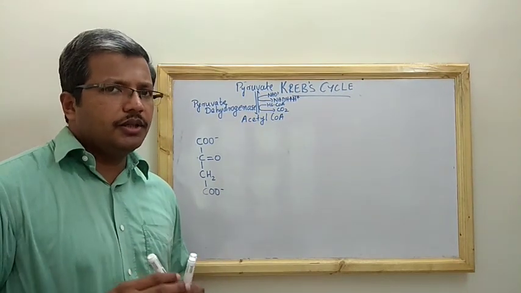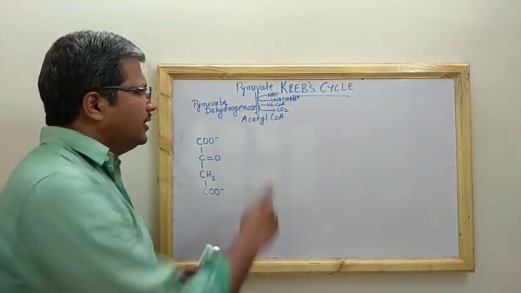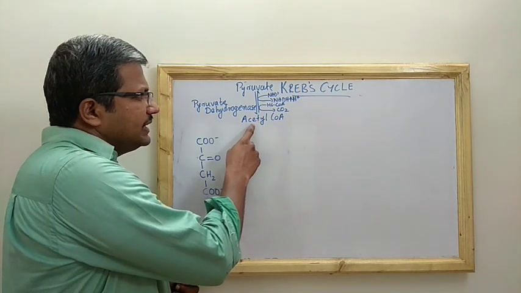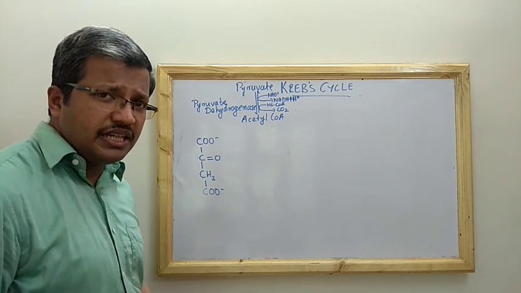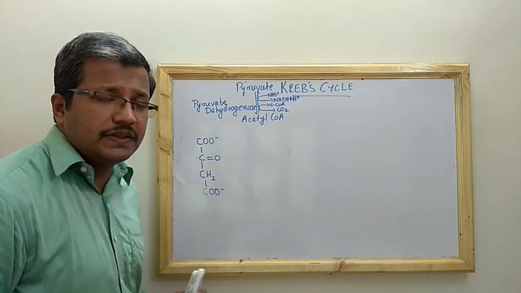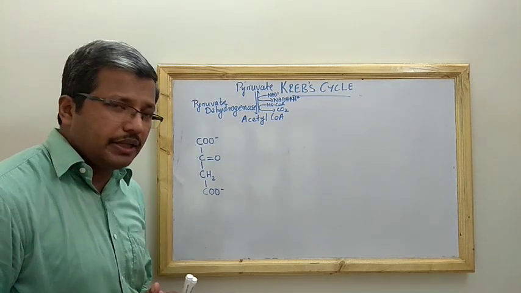Now, this particular oxaloacetic acid will be combining with the acetyl coenzyme A. I am representing acetyl coenzyme A in a different color so that you will understand where this joining is happening.